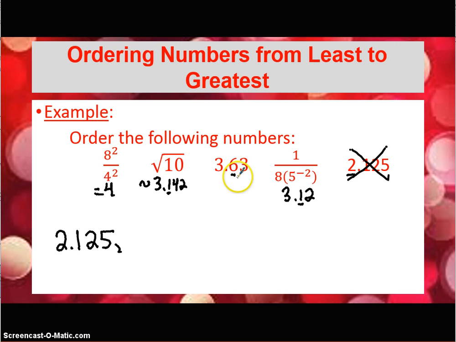We know that 1/10 is smaller than 6/10, so now we're down to these two as the next smallest. Go out to the hundredths column. 4 hundredths, 2 hundredths. Which one is the smallest? 2 hundredths. Now we will not write the decimal, we're going to write the original amount. So the next smallest amount would be 1 over 8 times 5 to the negative 2 power.